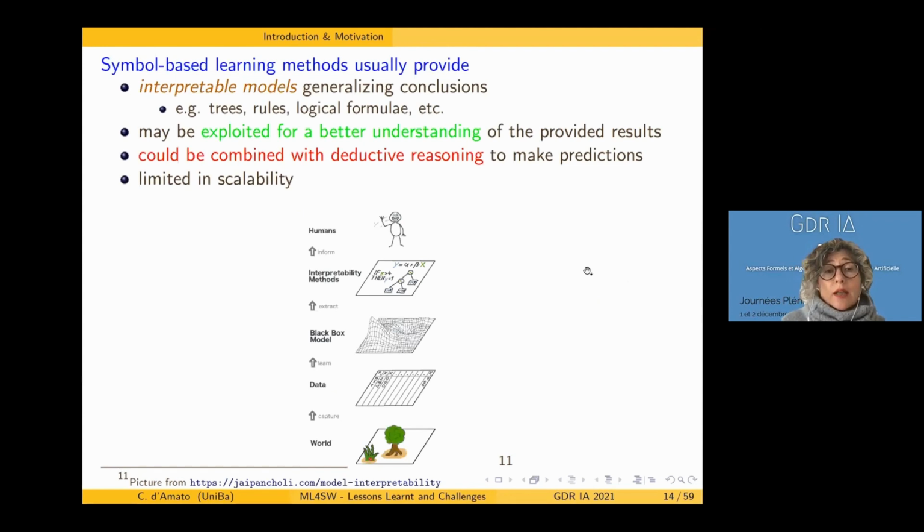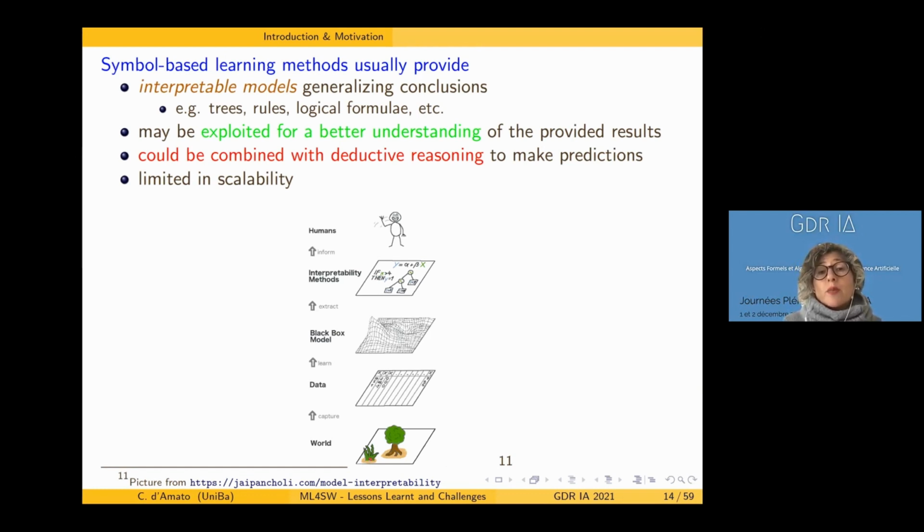On the other hand, in this regard, symbol-based learning methods should be most appropriate, because they most of the time provide interpretable models that are able to generalize conclusions. We can think about the generation of trees or rules or logical formulas that can be exploited for a better understanding of the provided results.